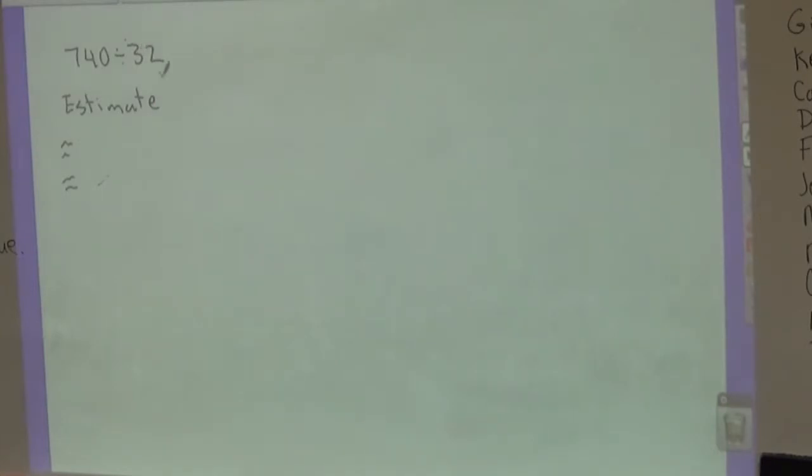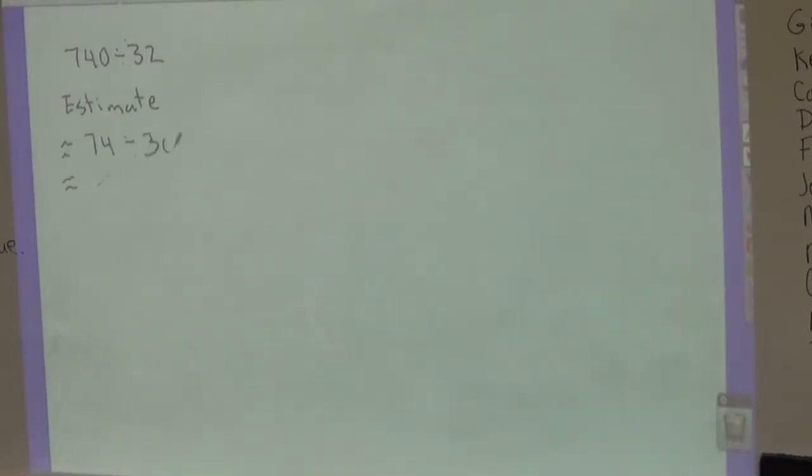The first estimate is going to be 32. How many groups of 32 can you make out of 700s? Well, 7 is a single digit, so you can't make any groups of 32 out of 7. But 74 is a different story. 74 tens divided by 32.